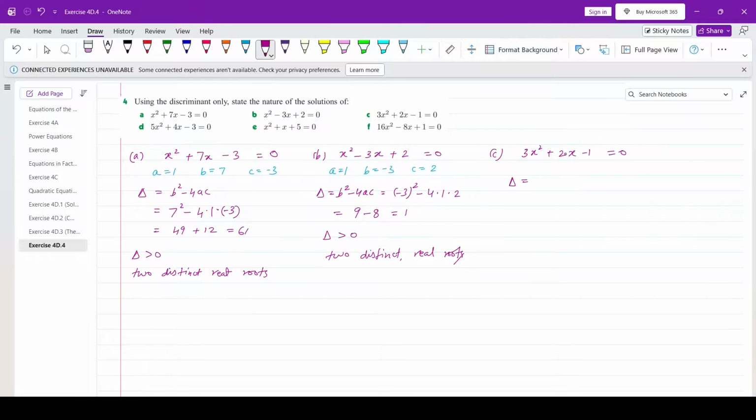The discriminant is b square, that is 2 square, minus 4 times a times c, that is 4 minus, and this negative together makes it positive, that is 12. So we have 16. Therefore, delta is greater than 0. Hence, we again have two distinct real roots.